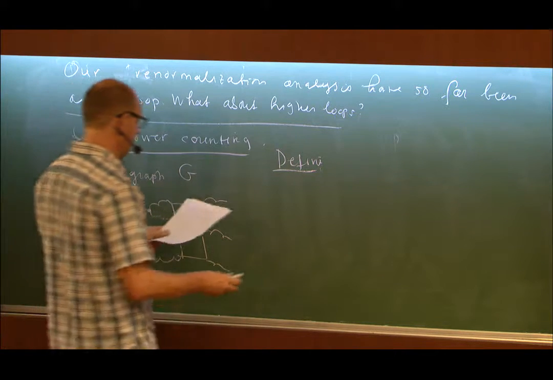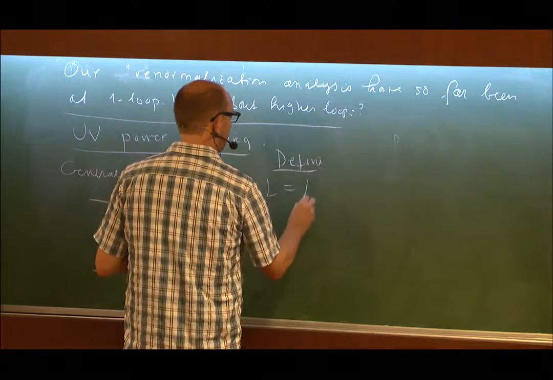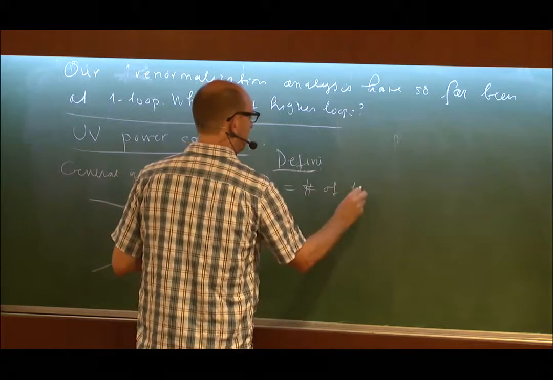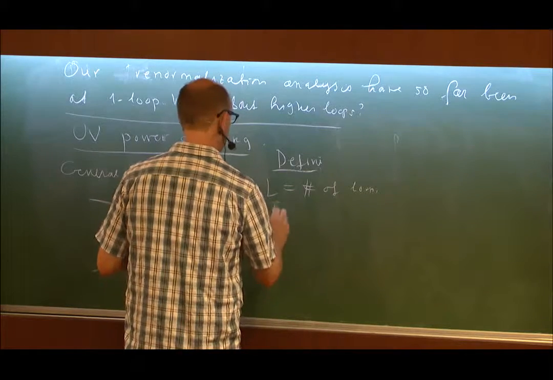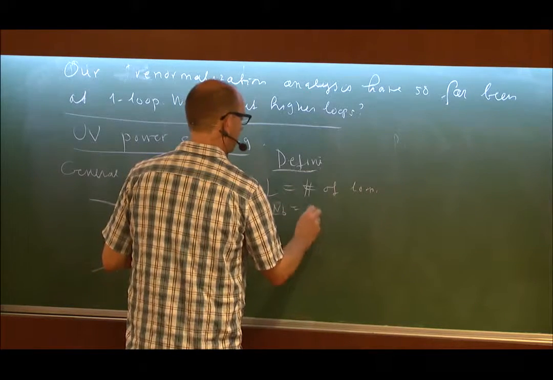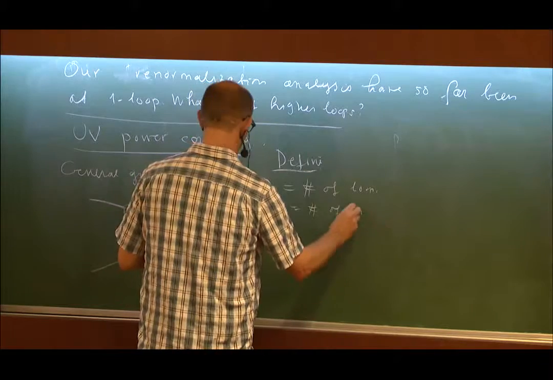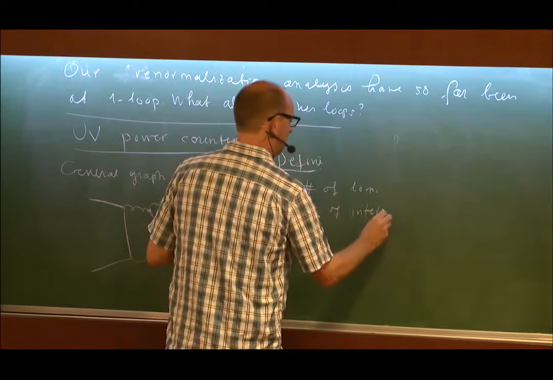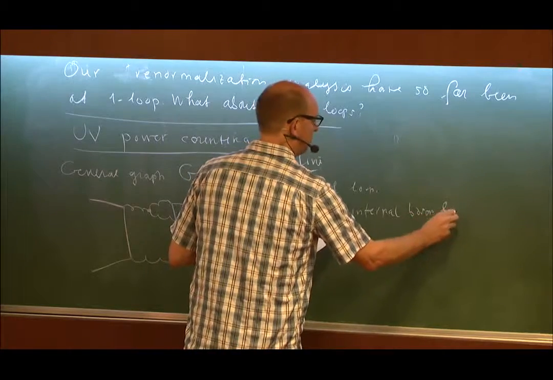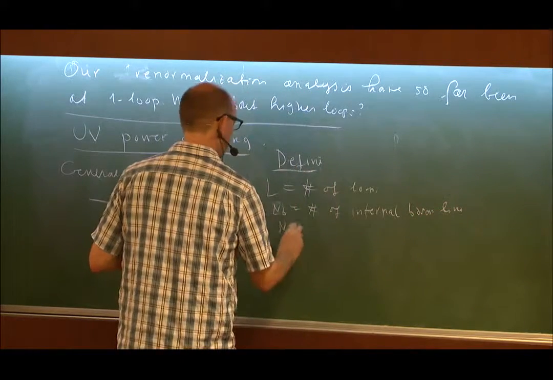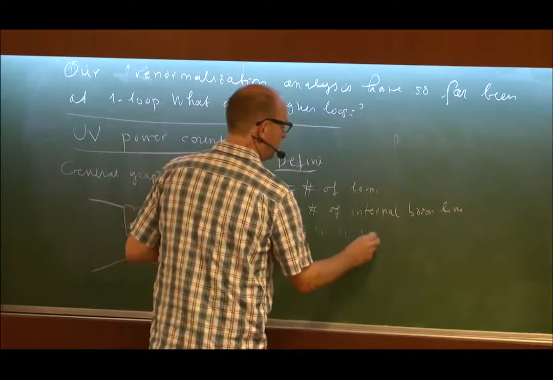So define L as the number of loops, NB as the number of internal boson lines, and NF as the number of internal fermion lines.